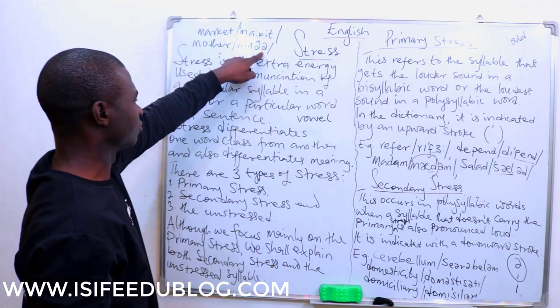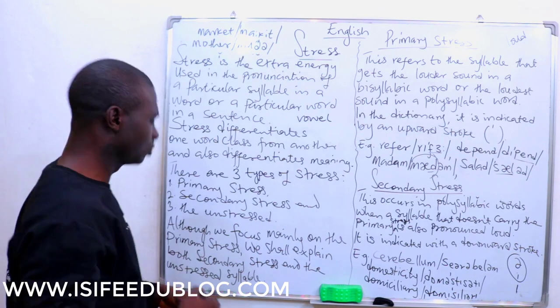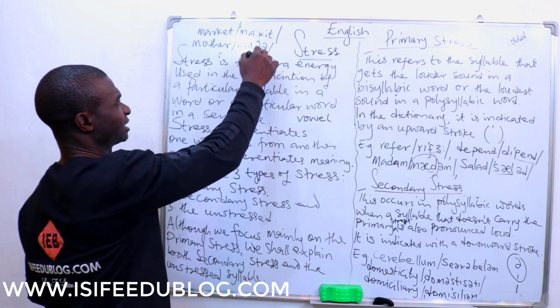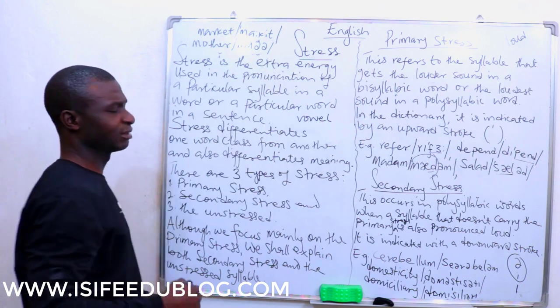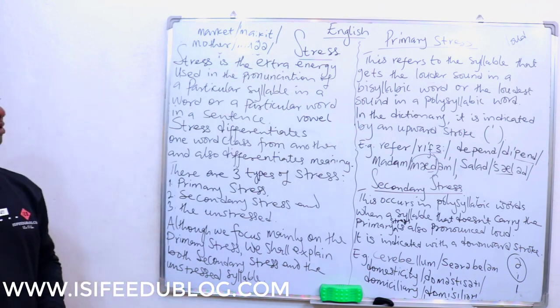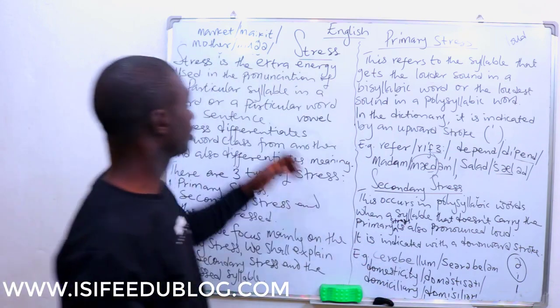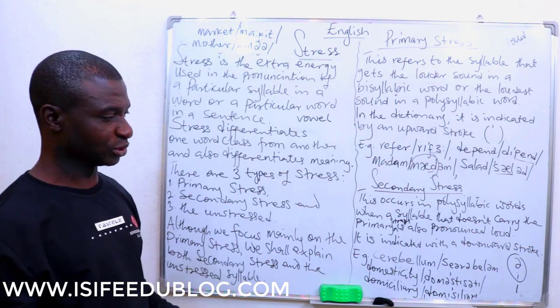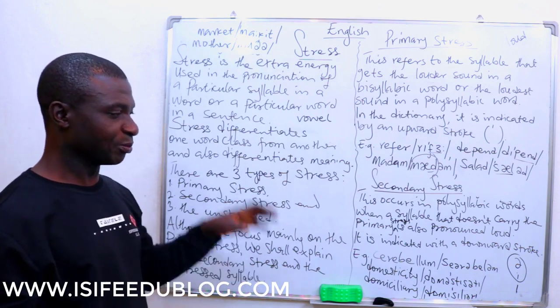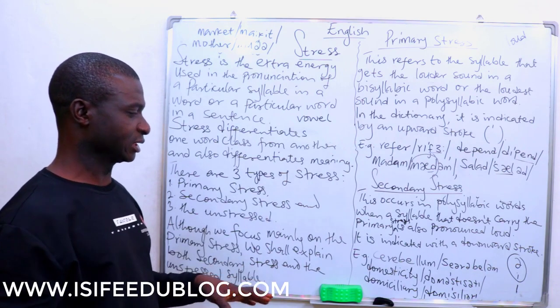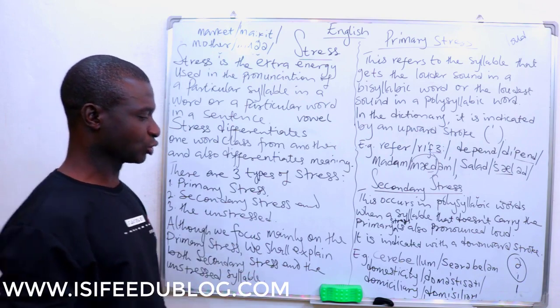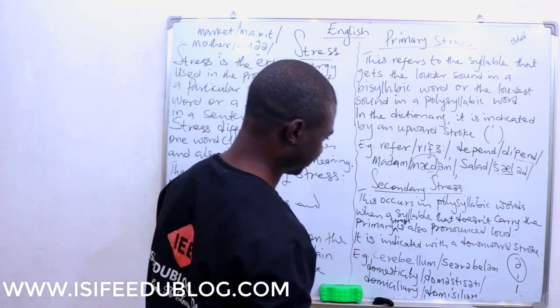The schwa sound is used to indicate that the second syllable is not stressed. Mother. But in the case of the secondary stress, none of this will be used. The sound will be what it is, with a downward stroke to show that.